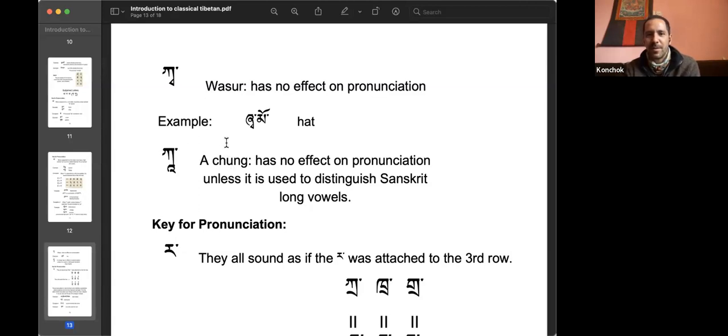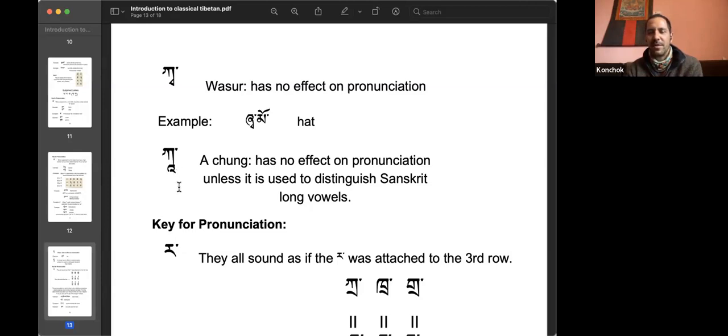Achung doesn't have any effect on the pronunciation unless you're reading Sanskrit. Most of the Tibetans will not know Sanskrit, so they will just ignore it. But if we're reading Sanskrit written in Tibetan, this is what marks the long versus the short a. For example, in the syllable hum, you can see this achung underneath. That means that it's a long hum.